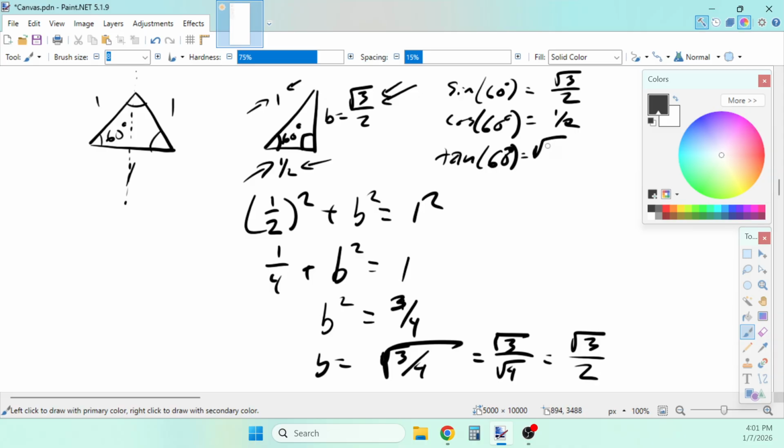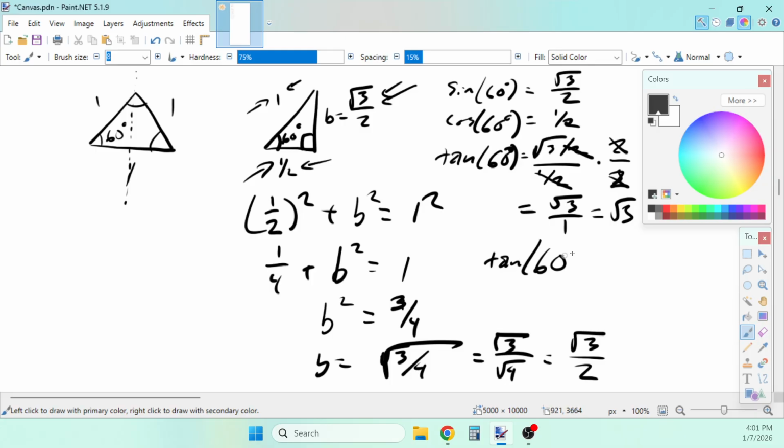This might look a little scary at first, square root 3/2 over 1/2, but we can simplify fractions by multiplying the top and bottom of the fraction by the same number. 1/2 times 2 is 1. 1/2 times 2 is also 1. So square root 3/2 times 2 is square root 3. Anything divided by 1 is itself. So that means that the tangent of 60 degrees equals the square root of 3.